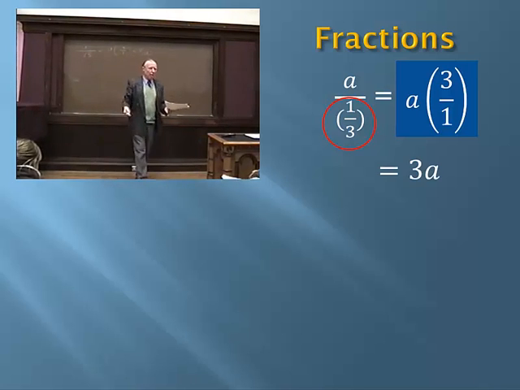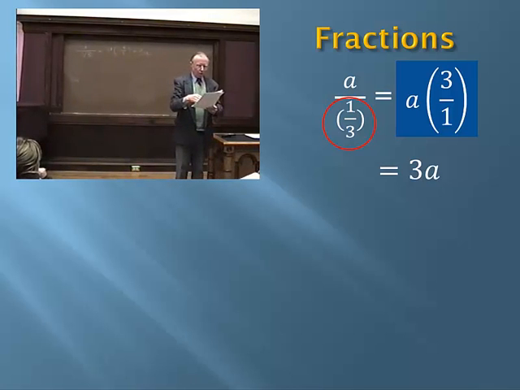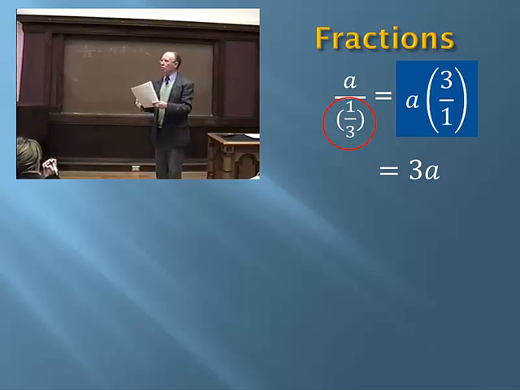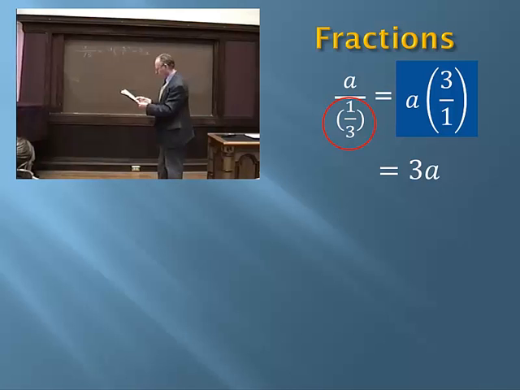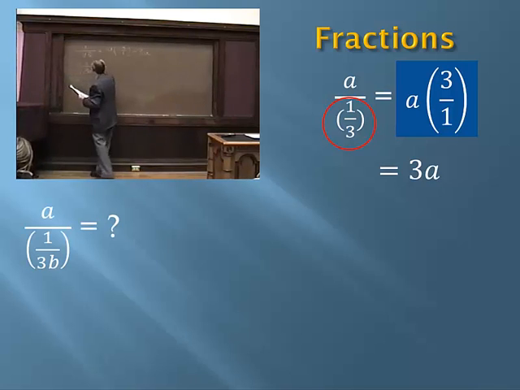Now A could be anything. This is dealing with fractions and variables when you're making calculations using equations. What if it were A over 1/3 B? What would the answer be?